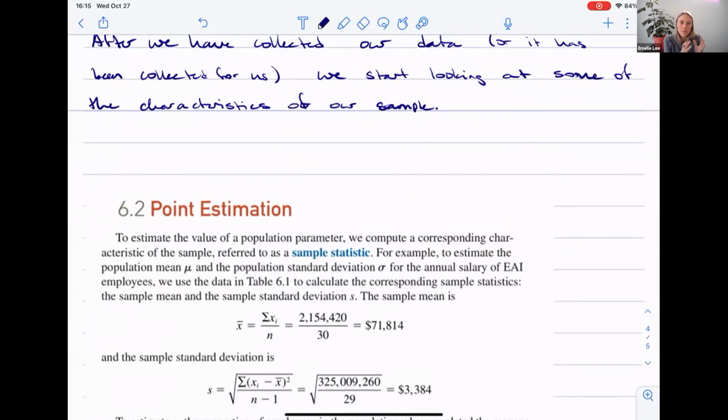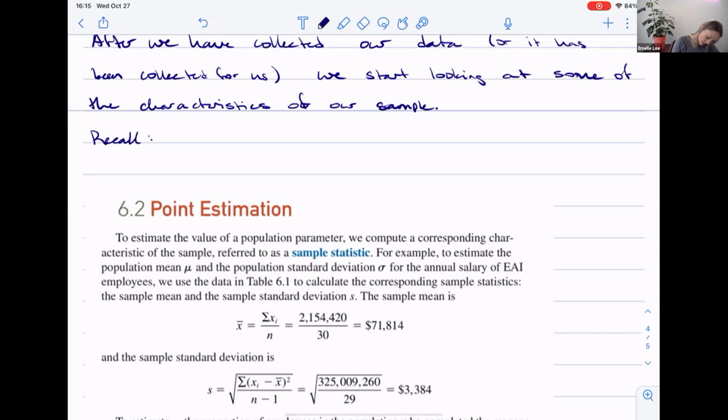Information from a sample is called a statistic, or a sample statistic. But a statistic is information from a sample. So things like the sample mean and the sample standard deviation would all be statistics.